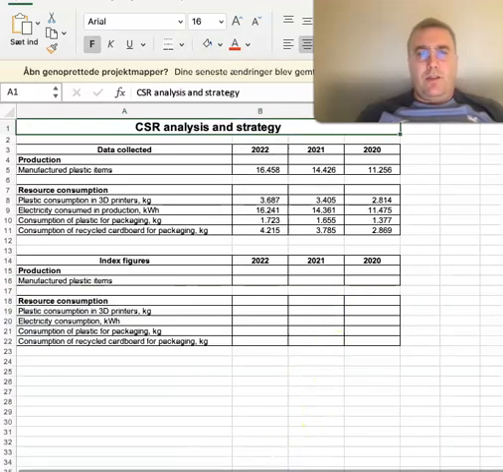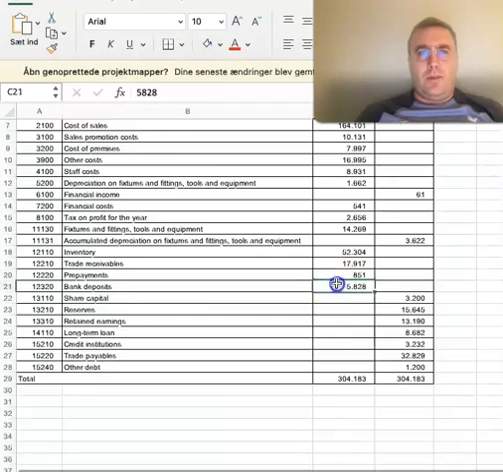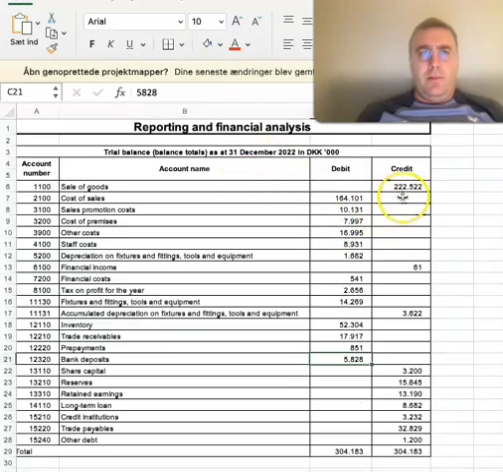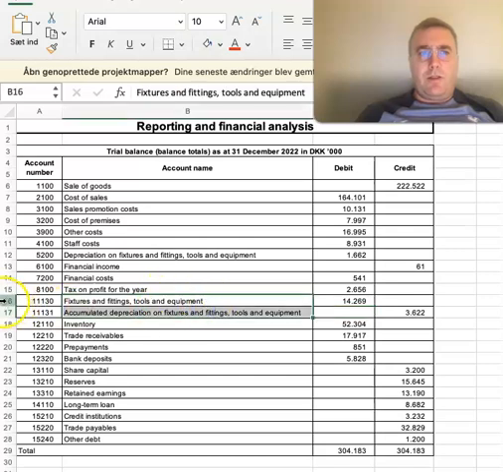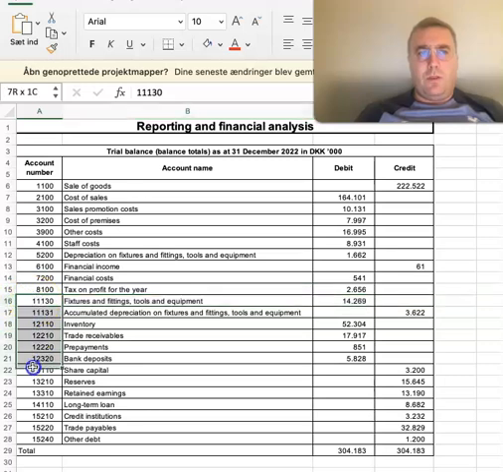If we move back to this one, then we need to go down to see what's the first figure we need here. We have fixtures and fittings and equipment. We need to go down from this part to this part.